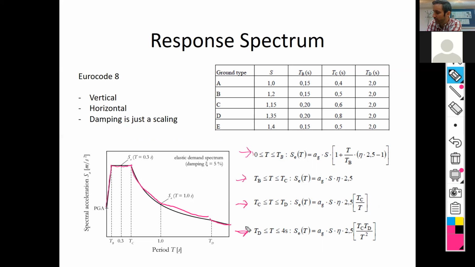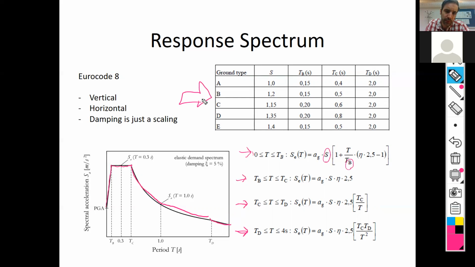I'm not going to go into these specifics, but the values, these different values of the constants that go into the calculations, are given in this table, and then they depend on the type of soil that you're building on, right? It makes sense that different types of soil will have different responses.